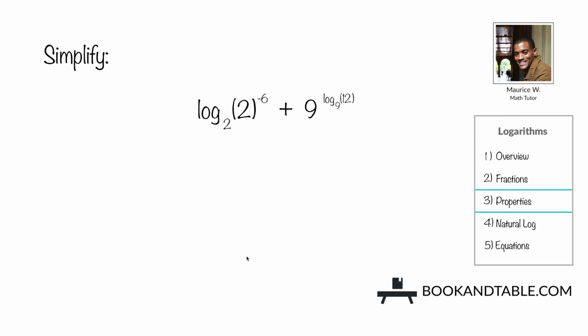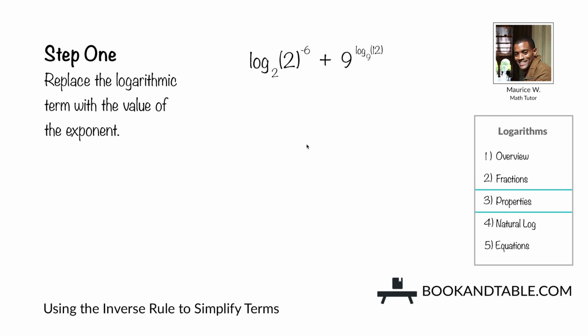Let's now walk through an example from the beginning. You'll be asked to simplify an expression such as the log of base 2 of 2 raised to a power of -6 plus 9 raised to a power of a log of base 9 of 12. So we want to use the inverse rule to simplify this term, use the inverse rule to simplify this term, and then we can add together the resulting terms.